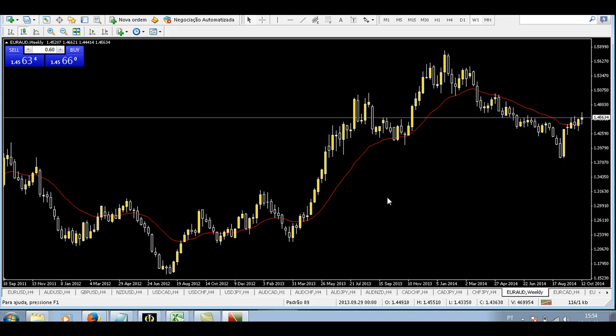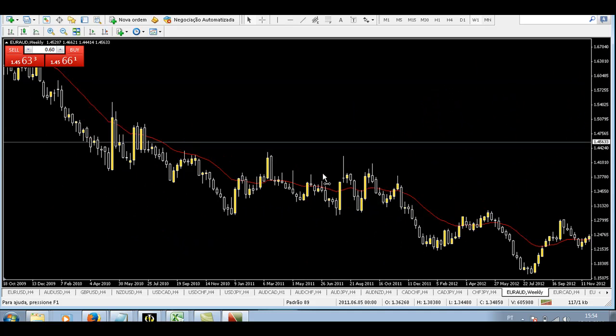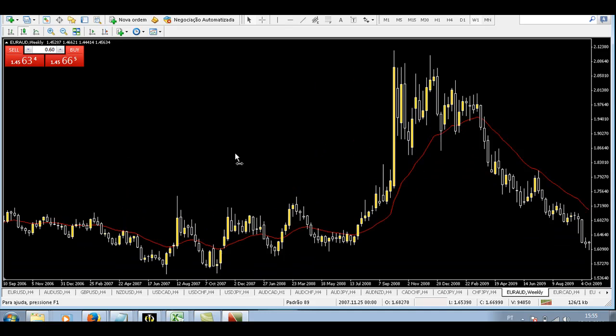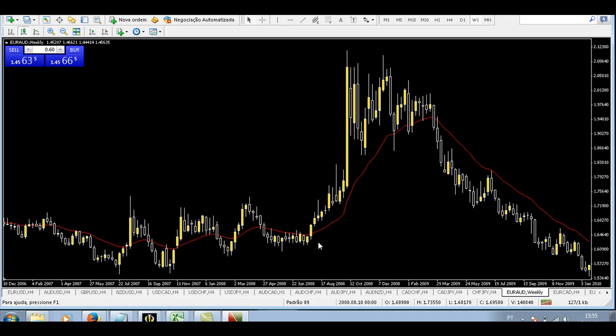It's a statistic, a probability, and it occurs with any asset, any currency pair, in the stock market, with any company. It's statistically proved.